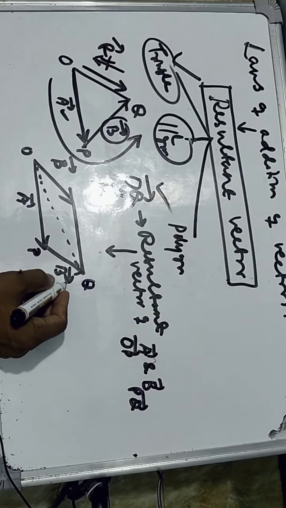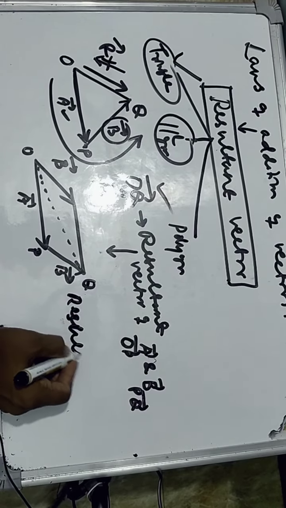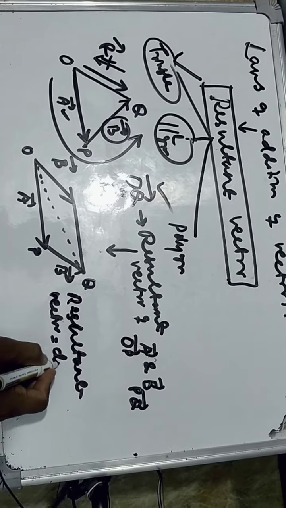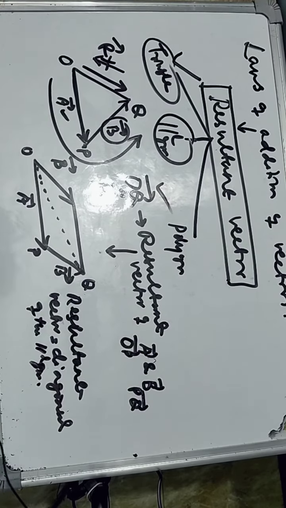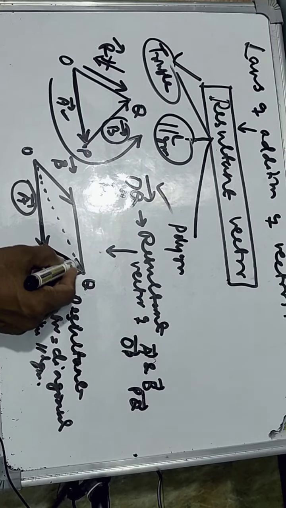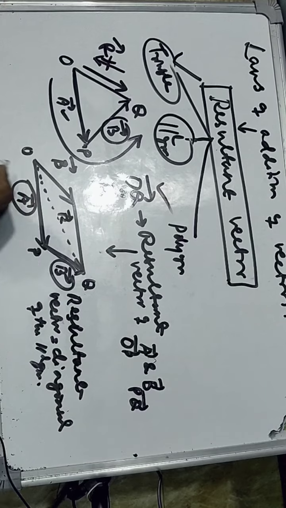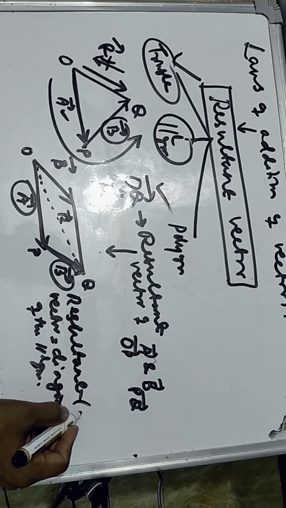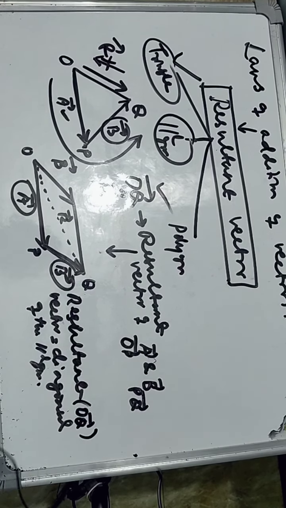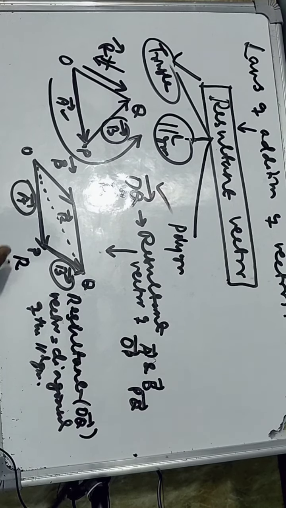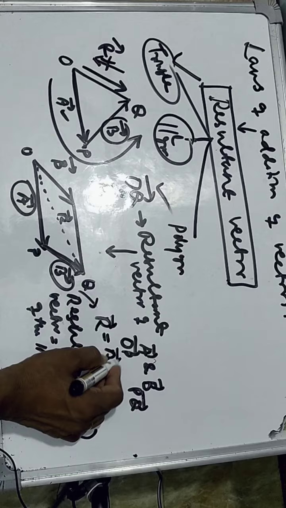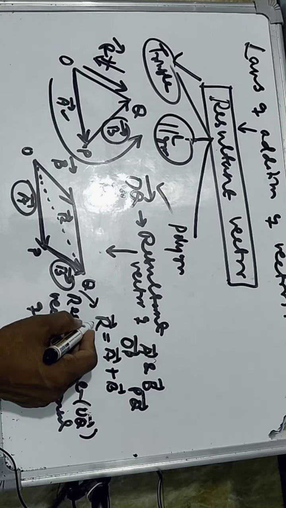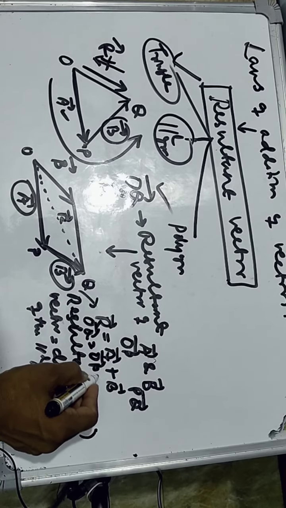Here vector A represents one side of the parallelogram, vector B represents another side, then say R, which is equal to OQ, the resultant, R will be A plus B, or OQ will be OP plus PQ.